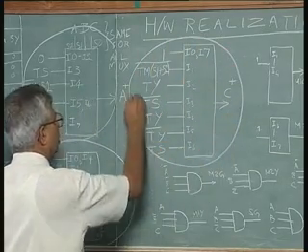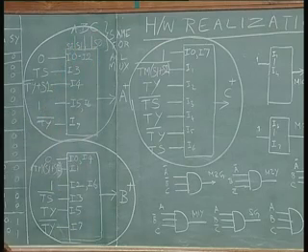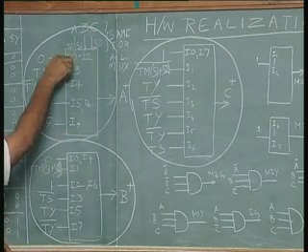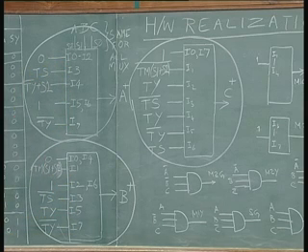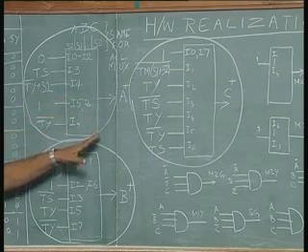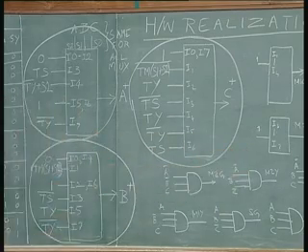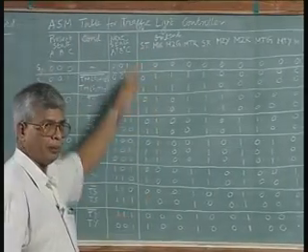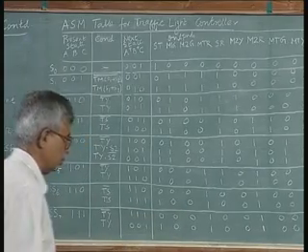Each one is an 8 to 1 multiplexer with 3 selector variables S2, S1, S0 connected to A, B, C, and 8 inputs I0 to I7 connected to corresponding conditions based on the table. I have already explained one or two here, that is how it is done. The rest are all for outputs. Before I go to the output, I will tell you how to get the output by taking one example. Let us take the start signal as the example, and you can follow the rest based on this.